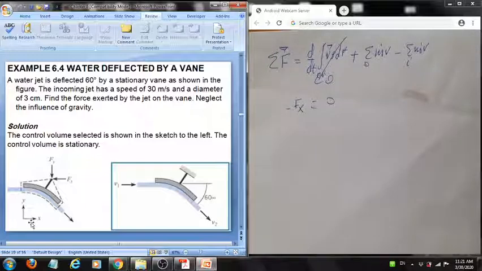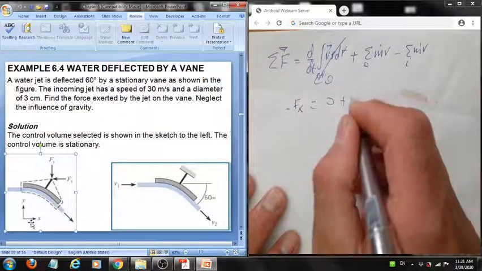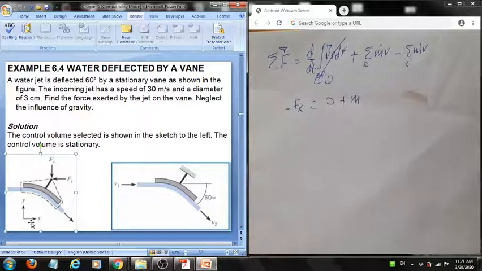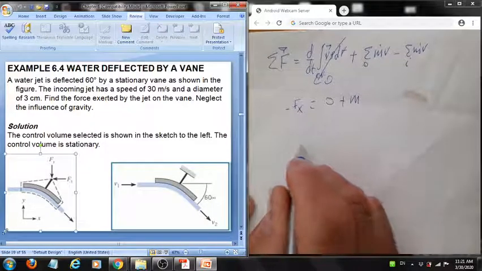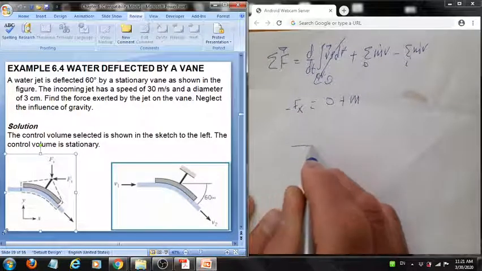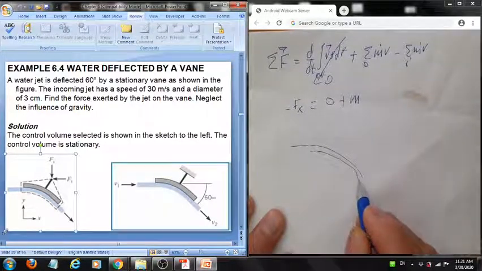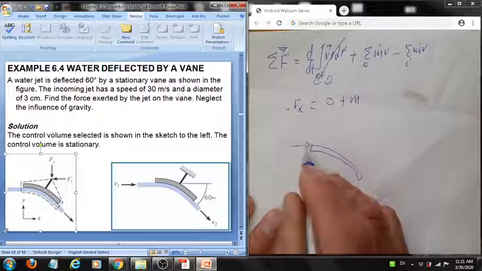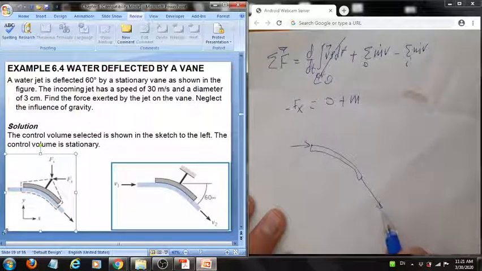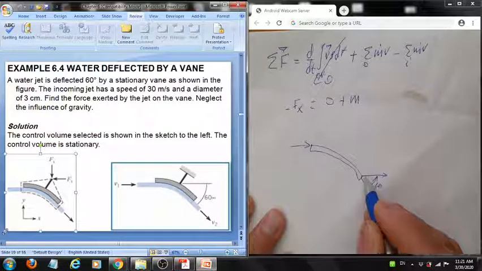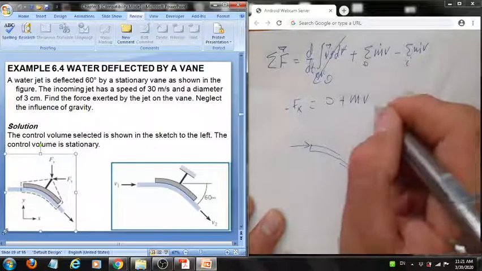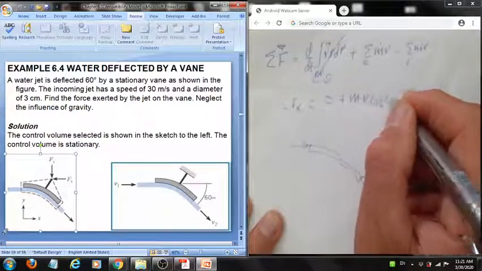Now we have mass leaving, but when we say the velocity, the jet is coming in this direction. When it leaves at this angle, we only need to consider the x component of it, which is v cosine 60.